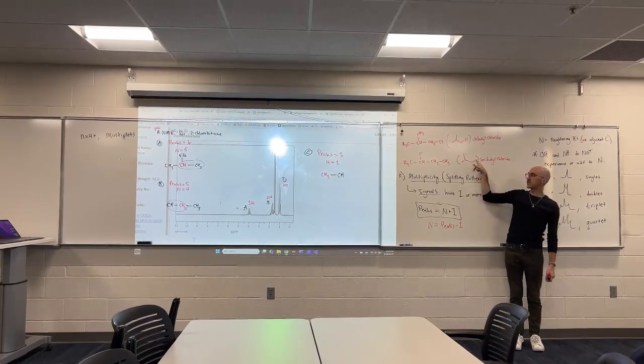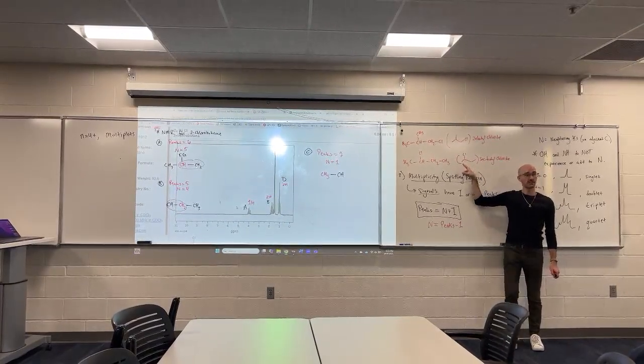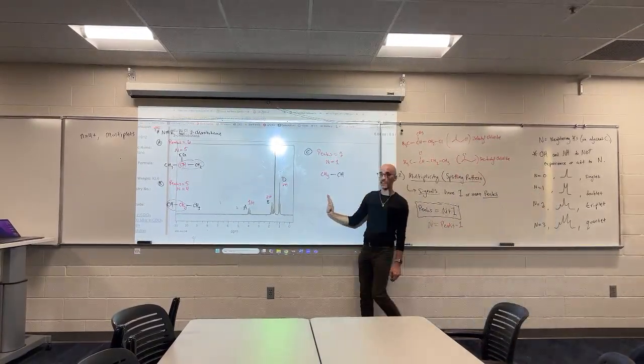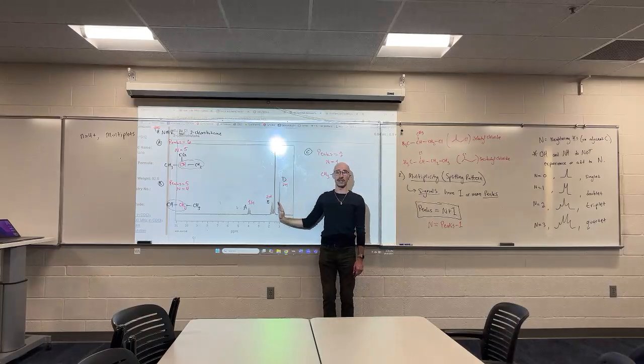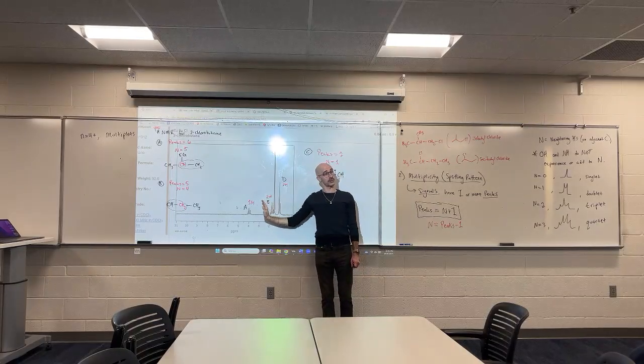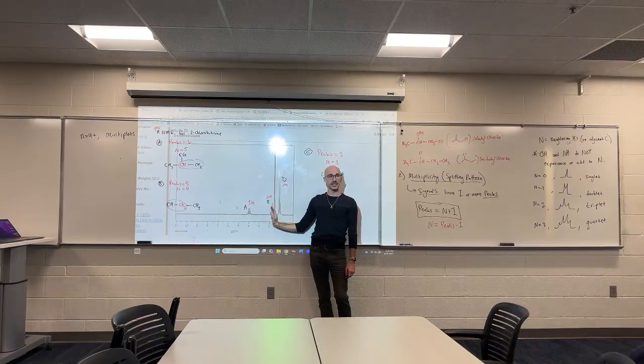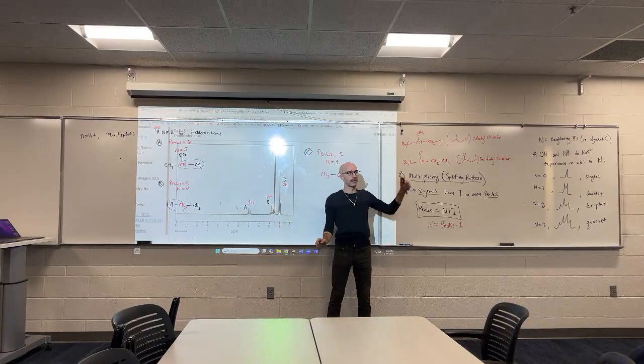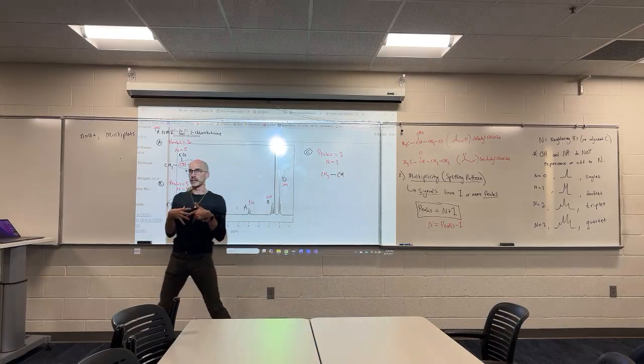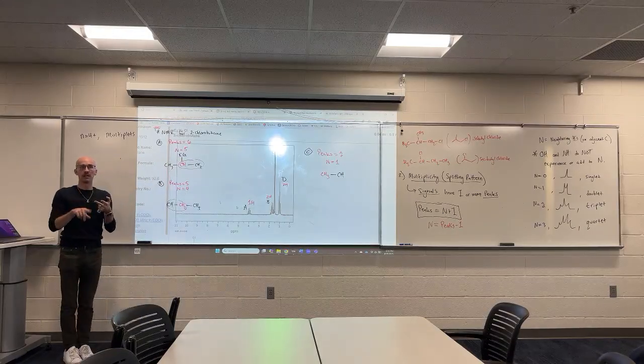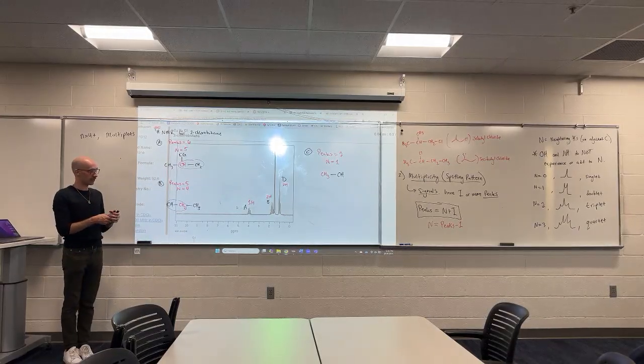Which of the methyl groups is closer to the halogen? The one on the left. And which of the methyl groups has a signal that is further left, closer to the functional group adjacent region? Signal C, the methyl group on the left. All of these pieces are starting to line up, the chemical shift, the integration, and the splitting pattern.